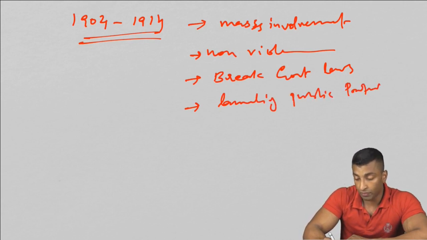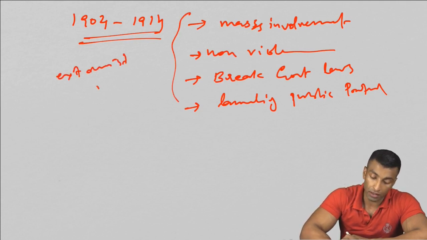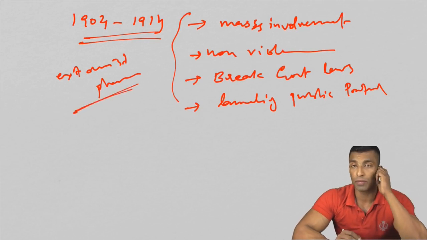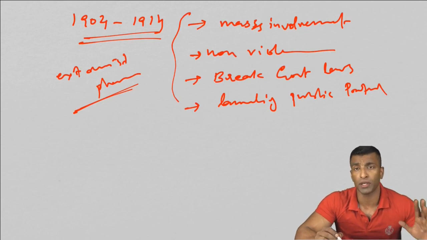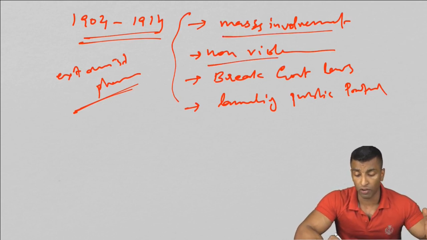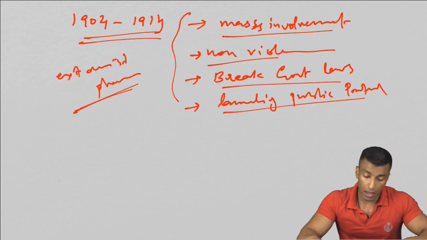So this is the extremist phase. You'll see all these are not strictly constitutional means of struggle. Earlier there were only constitutional means of struggle, the 3 P's: prayers, petition, and protest. Here, involvement of masses, non-violence, breaking government laws, launching public protest.